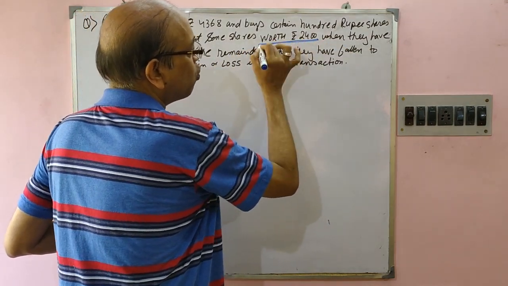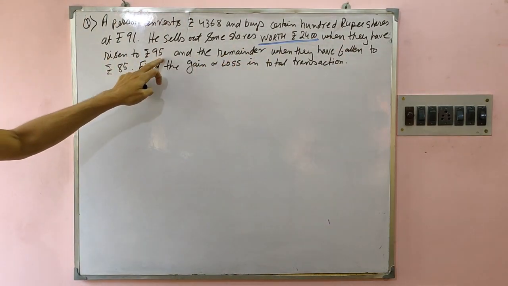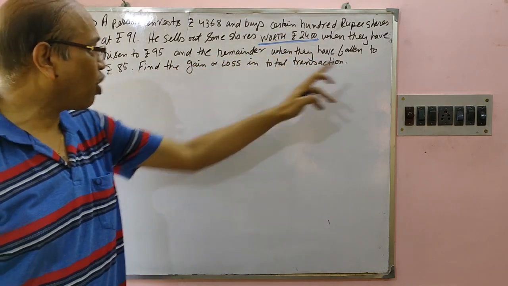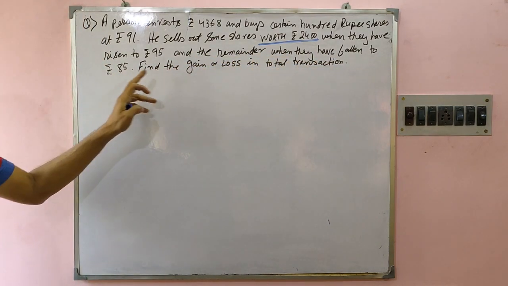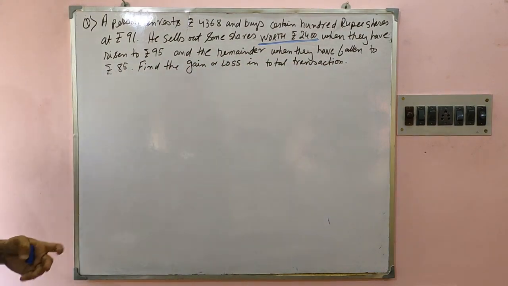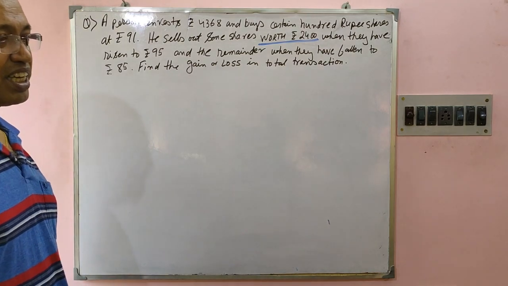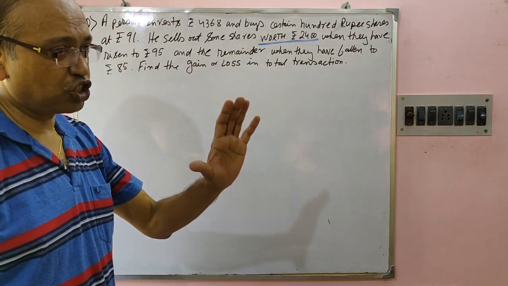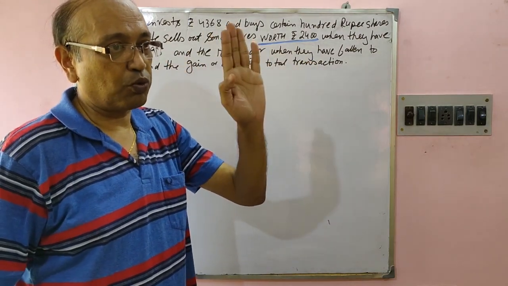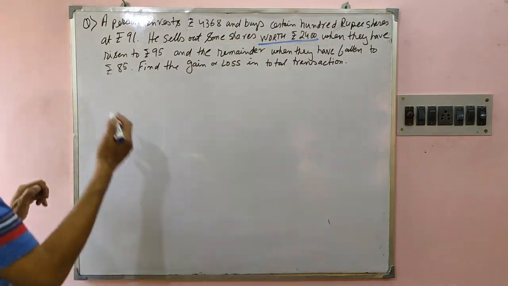Please note this word, worth rupees 2400, when they have risen to rupees 95, and the remainder when they have fallen to rupees 85. Find the gain or loss in the total transaction. What do you mean by worth 2400? That means he has sold some shares with nominal value. I will explain it when we do it.